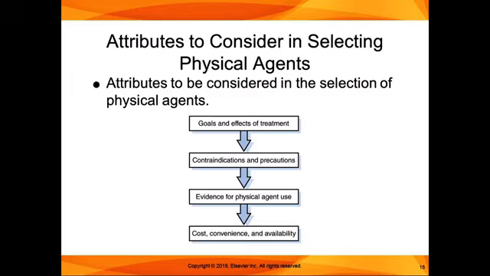Cost, convenience, and availability. There might be some physical agents that would be helpful, but the patient is not going to have access to them. So you decide you're not going to use them. Sometimes we have a pool in our clinic and we do aquatic therapy.